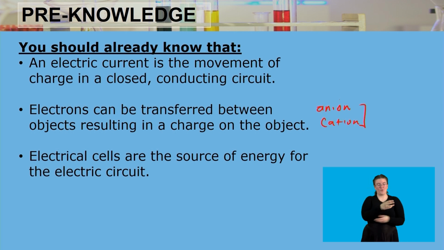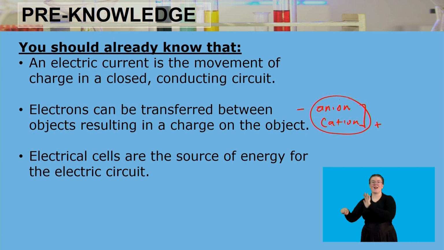So these are going to be now the objects that are charged. So when objects are charged, they will be given these names: an anion for a negative charged object, and then a cation for a positive charged object. Remember, cations, those are the ones that transferred the electrons, so they become more positive. And then the anions, those are the ones that received or accepted the electrons, so they became more negative.